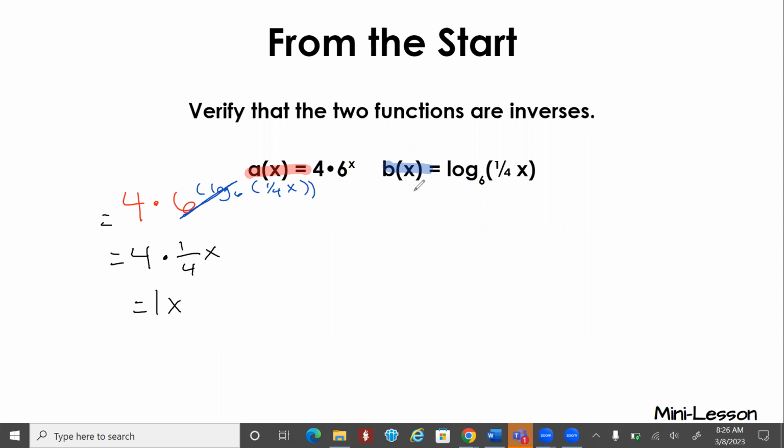That means that these two functions should be inverses of each other, but we have to check it both ways. So what I mean by that is now we have to take the blue function, write it out, and instead of writing x, we're going to write the red function.